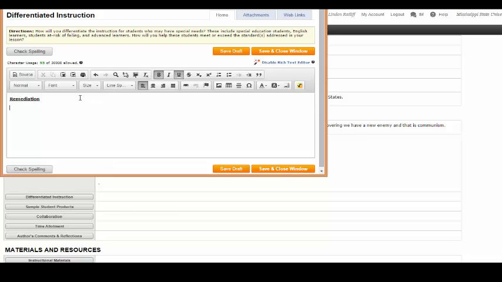Then I would put the student will, it won't stop underlining, and then I'll go from there. I'm going to write my objectives for those. See if I can get that to quit bolding and underlining.